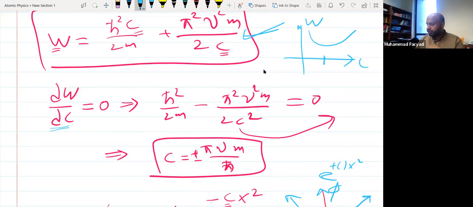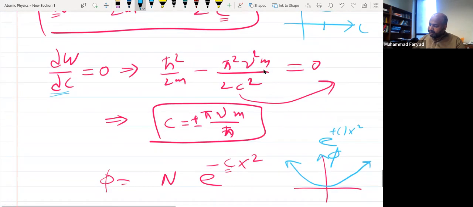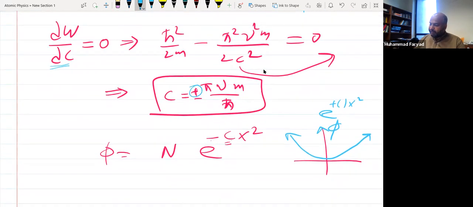You can actually check that for both of these values it's a minimum, but we cannot select this plus value, because if we choose plus, our wave function phi of x will grow as x increases in plus or minus direction, which means that this is not a physically reasonable choice.